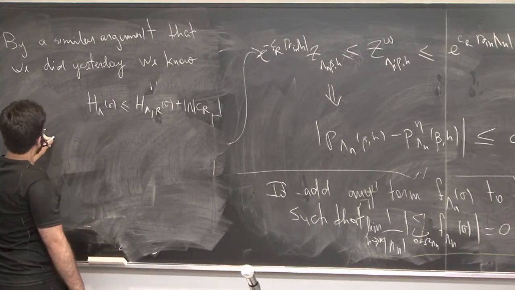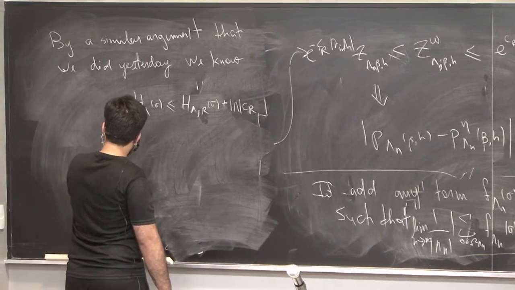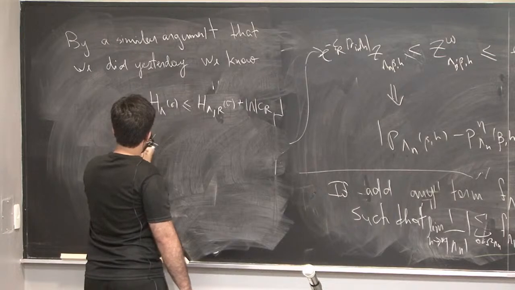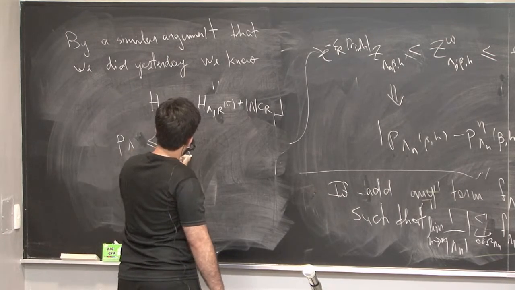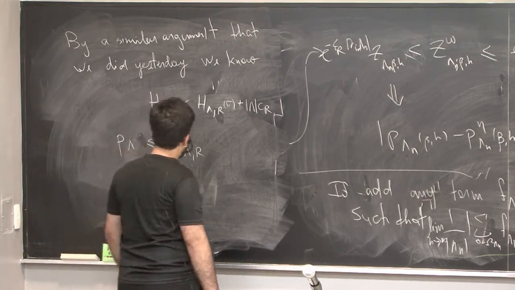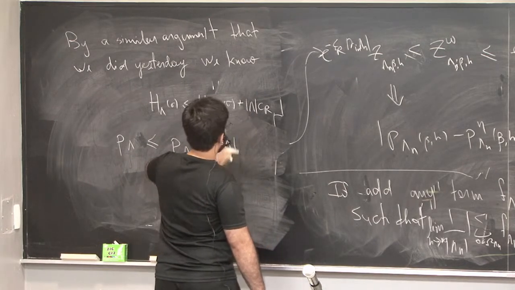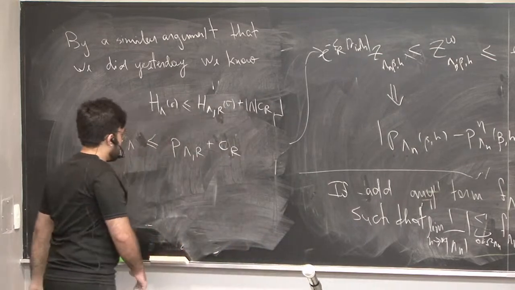And this implies that the pressure of the system, by the same argument we did before, will be less than the pressure of the system with this finite range R, okay, plus lambda, the lambda will get divided, so plus CR.